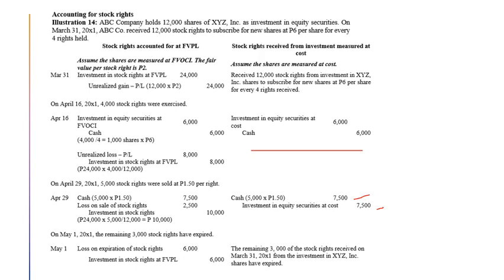So, you have the remaining 3,000 stock rights received from the investments have expired. So, yung main talaga na difference nila is yung memo entry, at saka every time na may binibenta or may in-exercise. Okay? So, kasi dito sa at cost, wala siyang unrealized gain or unrealized loss.